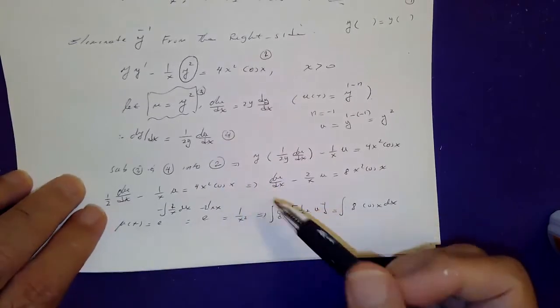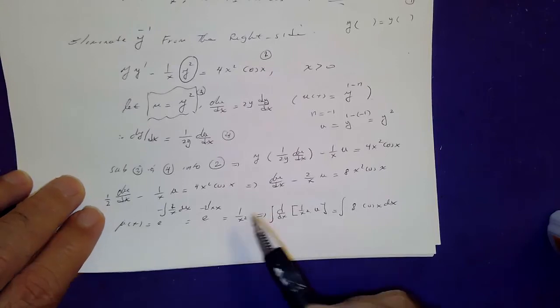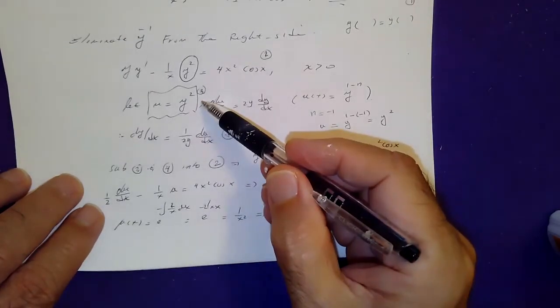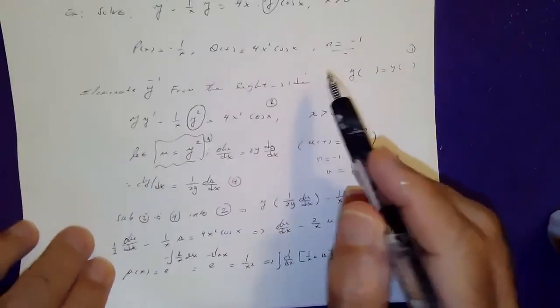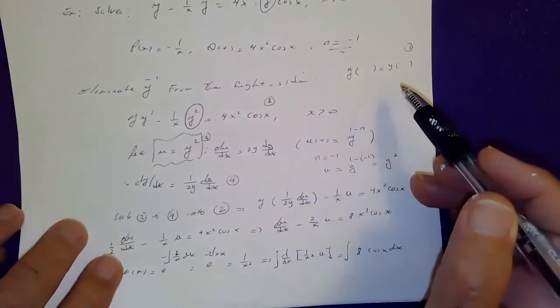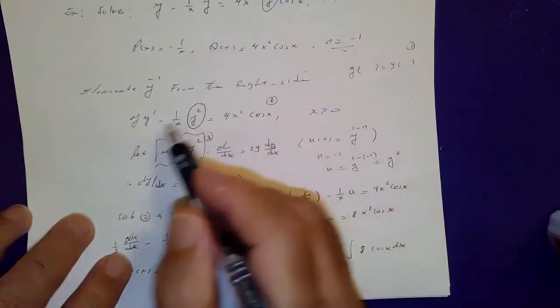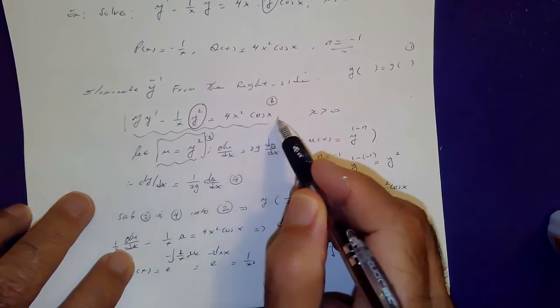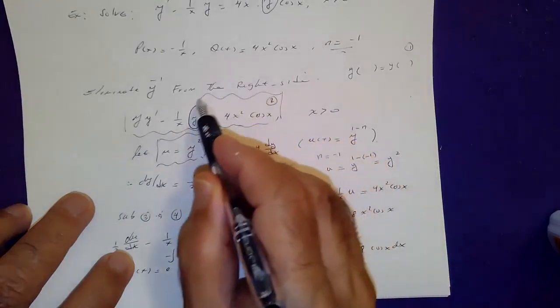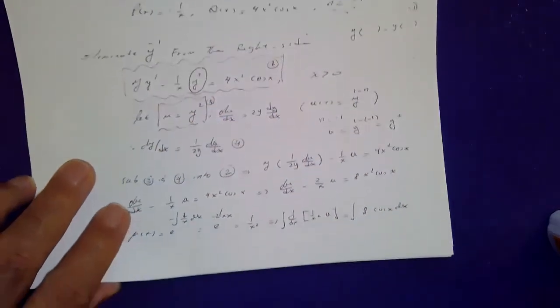So substitute equation number 3 and equation number 4 into equation number 2. That would be this guy here, which we obtained by eliminating the y to the negative 1 on the right side.